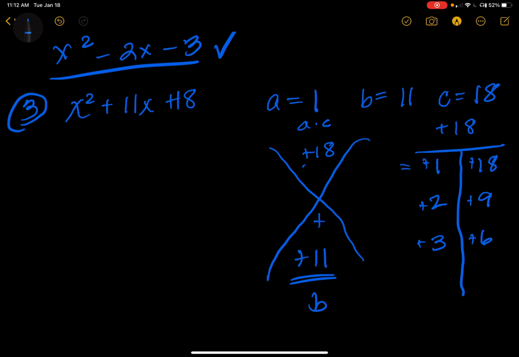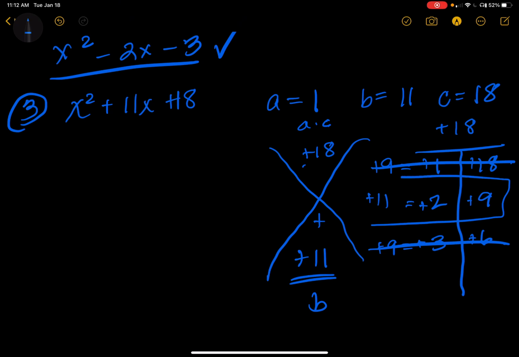So let's look. The sum of 18 and 1 is 19. So that's not our factors. The sum of 9 and 2 is a positive 11. So that would work. And the sum of 3 and 6 is a positive 9. So that wouldn't work. So these are our factors.